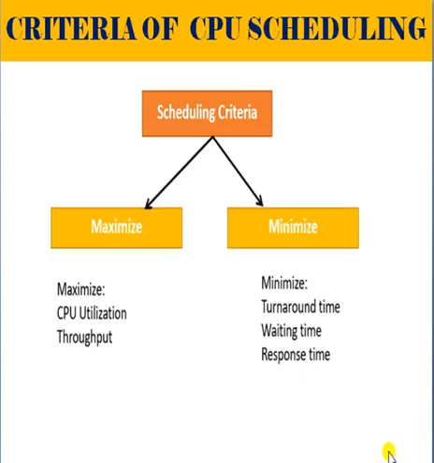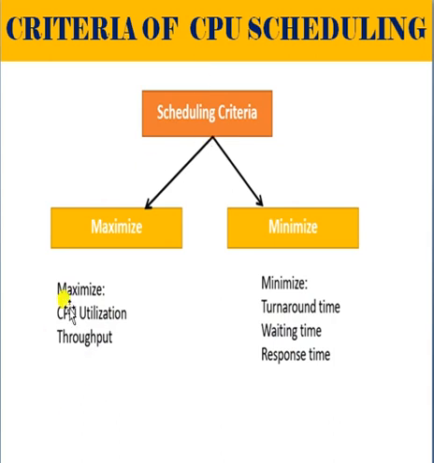Next, criteria of CPU scheduling. So here we just go through what are the criteria which make a CPU scheduling algorithm better than another. Okay, so the main criteria of CPU scheduling are CPU utilization, second is throughput, third is turnaround time, waiting time and response time.